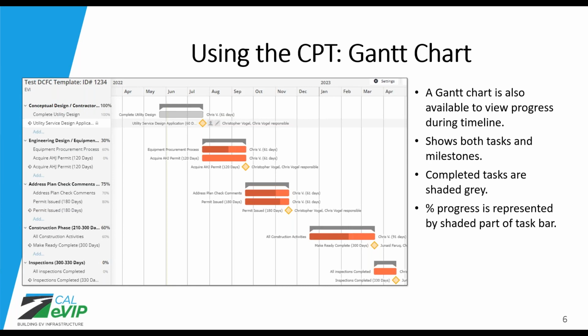These can be modified based on the reality that you're experiencing, and I'll show you how to request a modification to a timeline. It cannot be changed by users themselves.